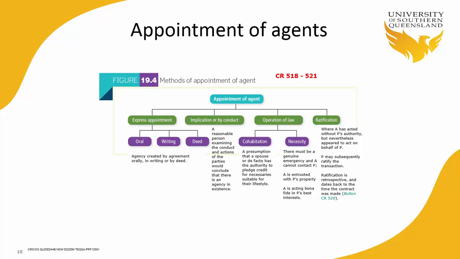So here the principal may subsequently ratify the transaction. That's what we mean by ratification. And ratification is retrospective, so it looks at the past and dates back to the time the contract was made. Another case to explain this point is Bolton Partners v Lambert on page 520.